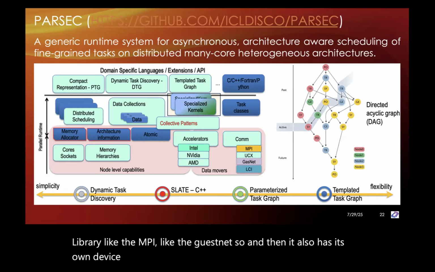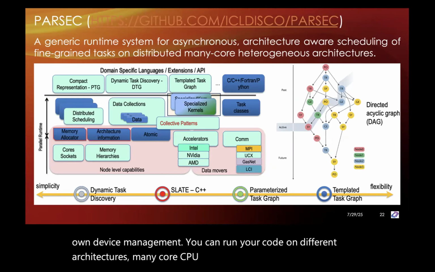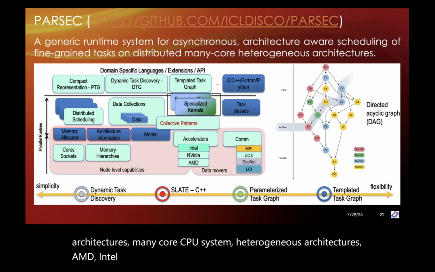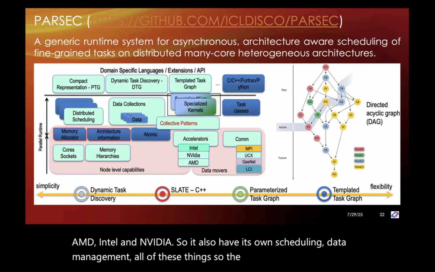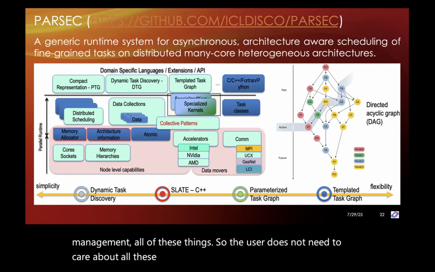You can run your code on different architectures: many-core CPU systems, heterogeneous architectures, AMD, Intel, and NVIDIA. It also has its own scheduling, data management, all of these things. So the user does not need to care about all these levels of the runtime system.